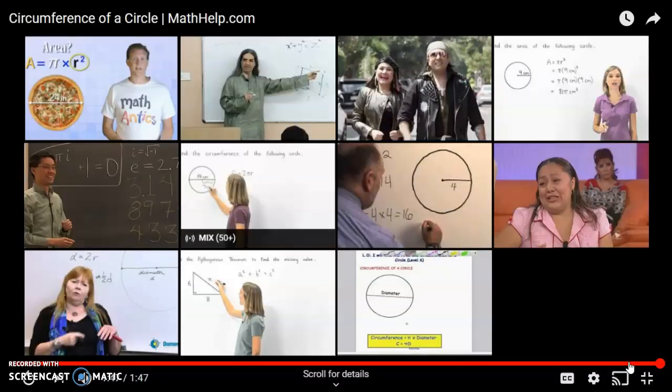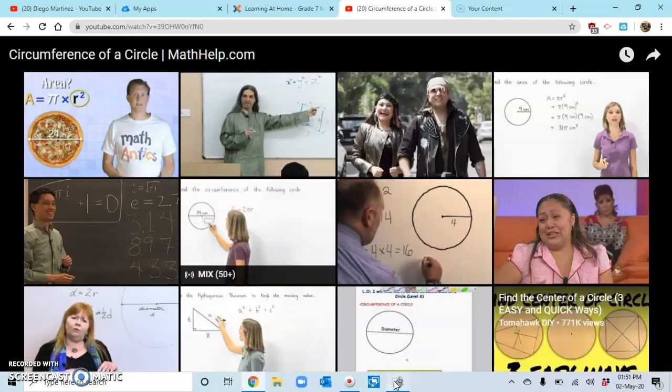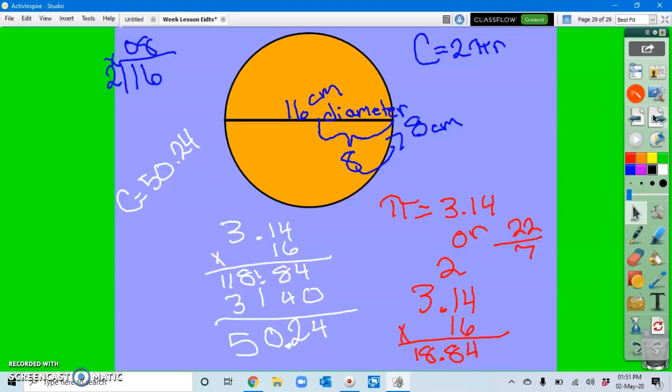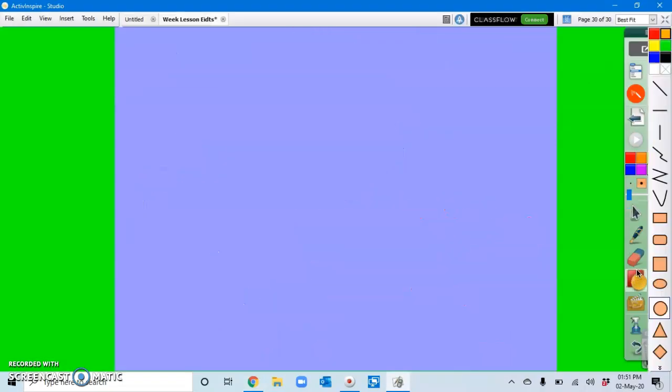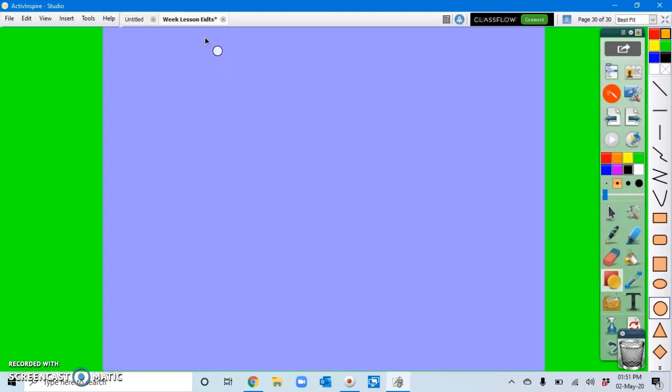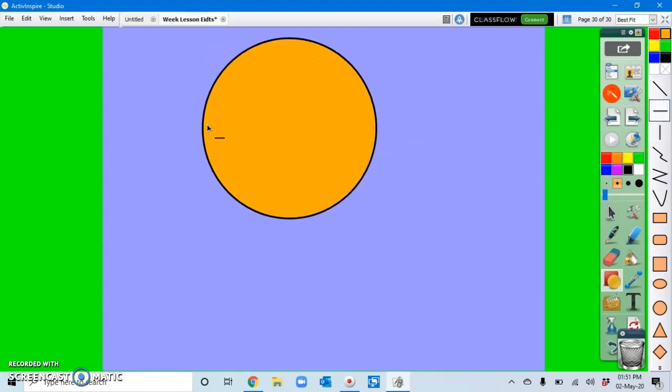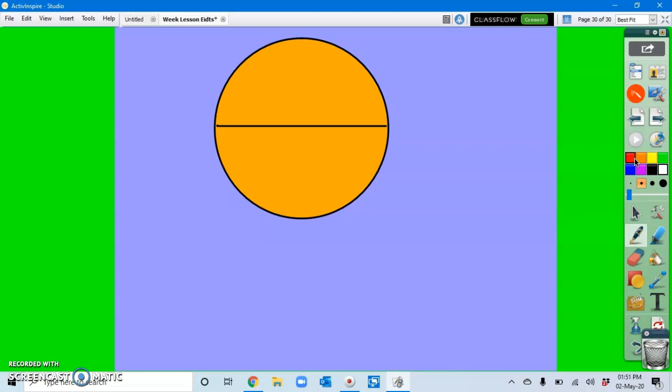Okay. So I'm going to do the last example on how to solve another circumference. So let me make my circle, my line, and let's say we have 18 centimeters.